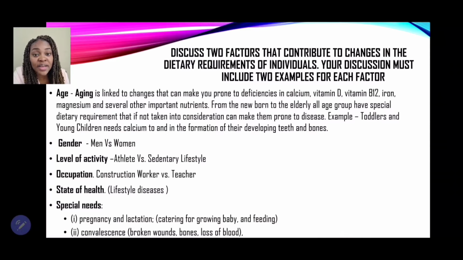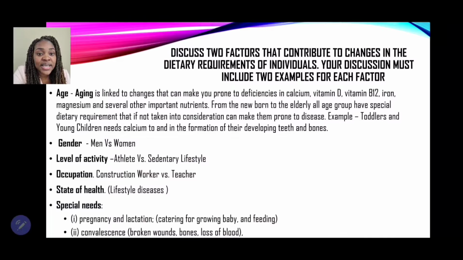And for the first factor we're discussing, we have some examples. We have age, gender, level of activity, occupation, state of health, and also physical special needs. Now let us look at an example of how we could discuss. It says that we're supposed to discuss the factor and also to give examples. So let us look at age.